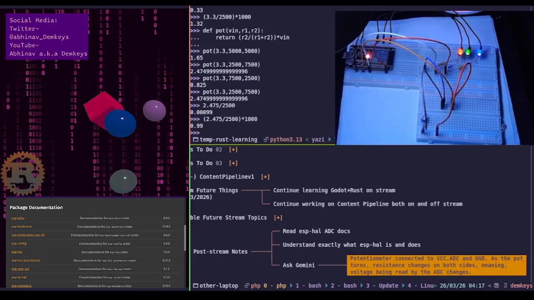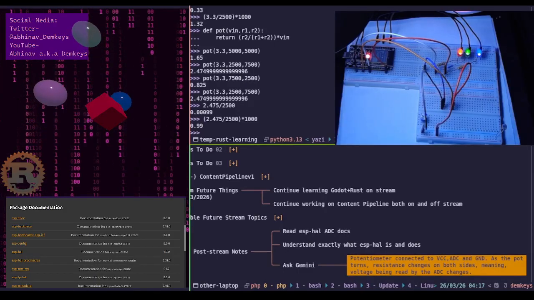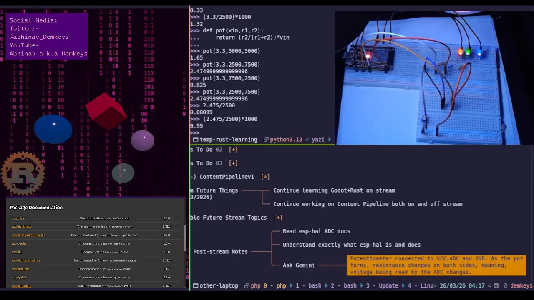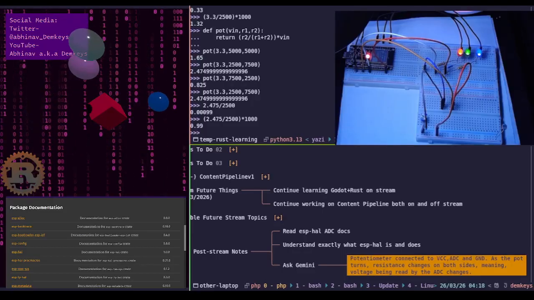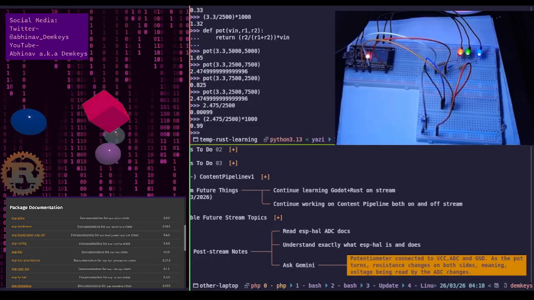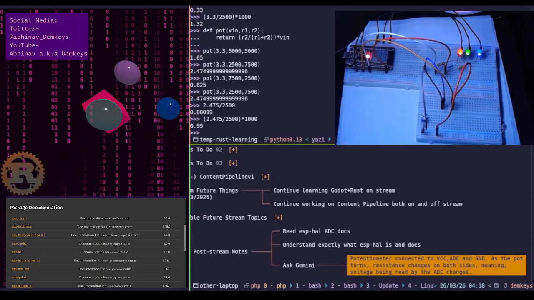Is that correct? I don't think that's correct. Hold on. Amps to milliamps. Yeah, we multiplied by 1,000, right?